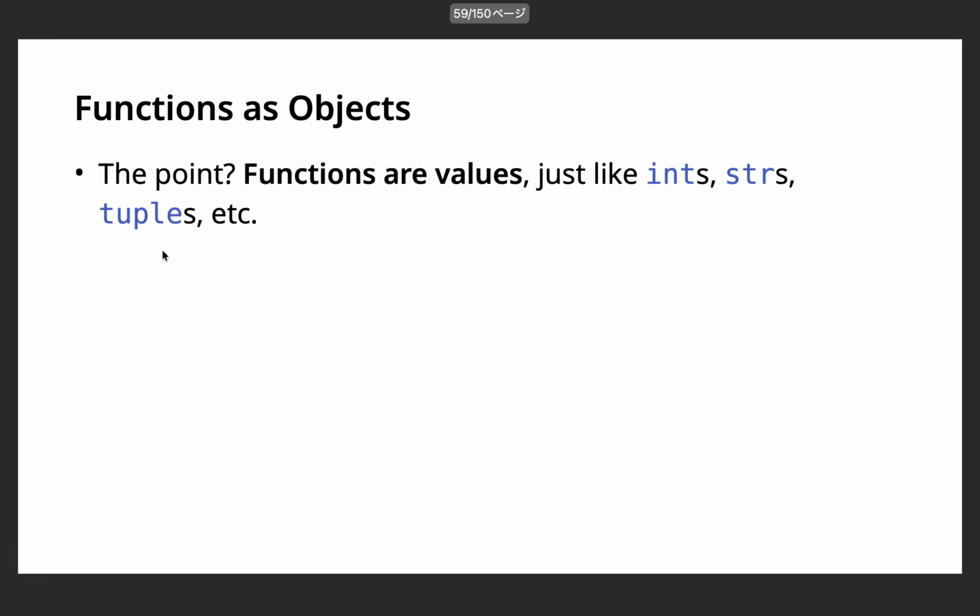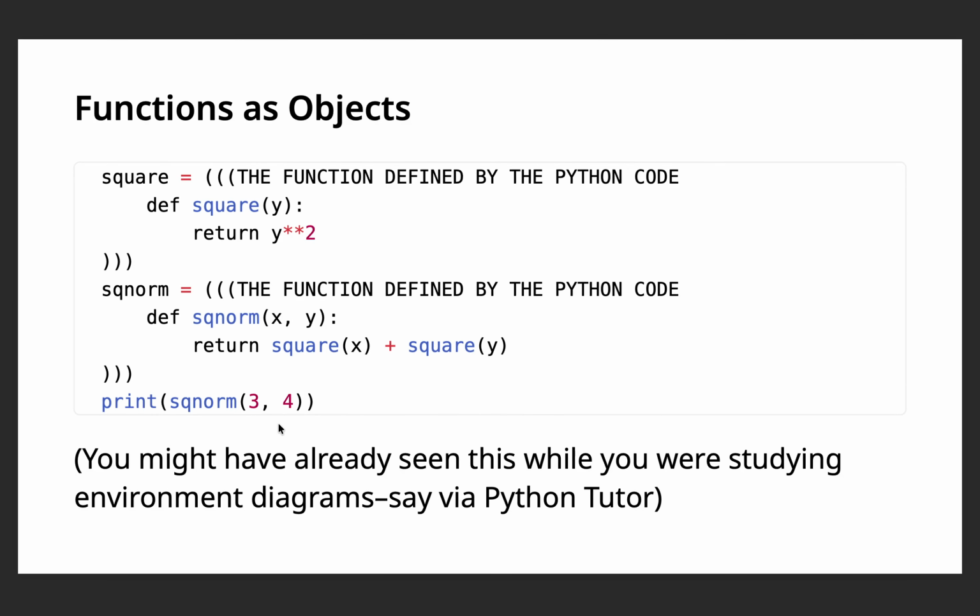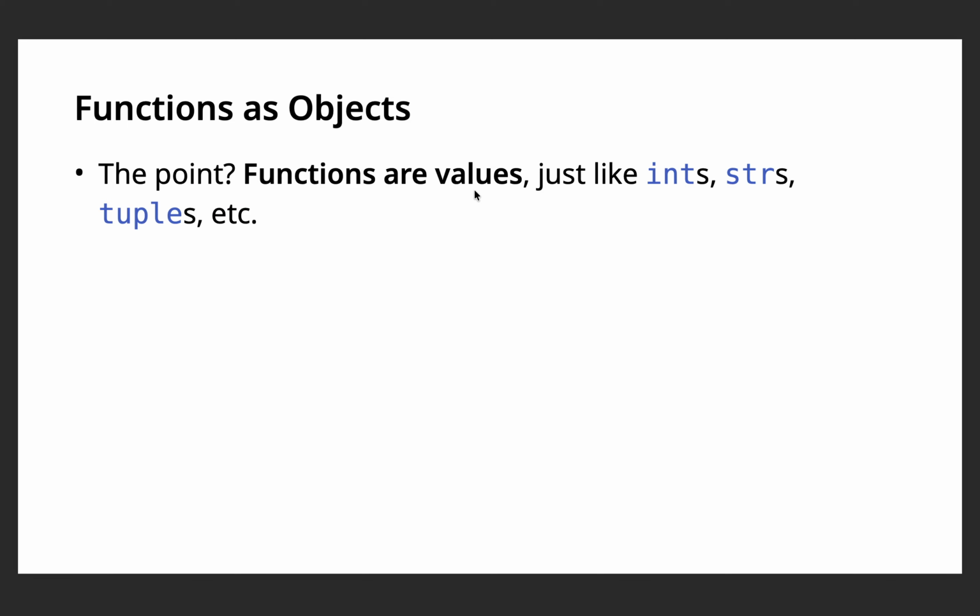The point of this is that just like any of the other values that we've seen so far, functions are also values. We already know all the way back from lecture 0 that these standard things are values. Ints are values, strings are values, and so on.